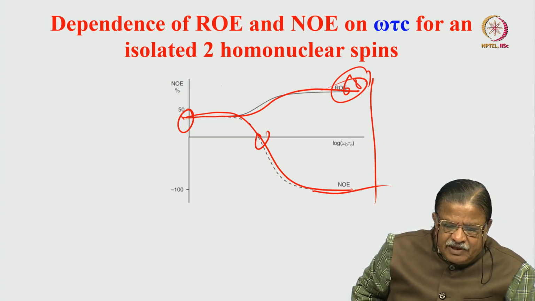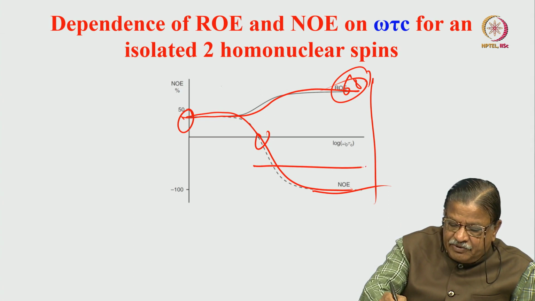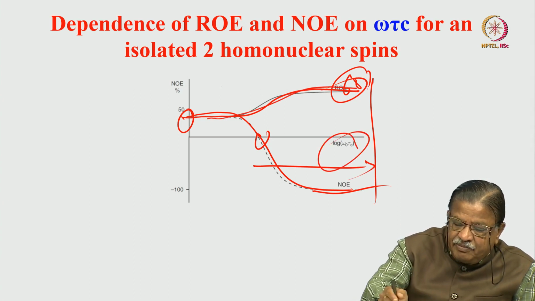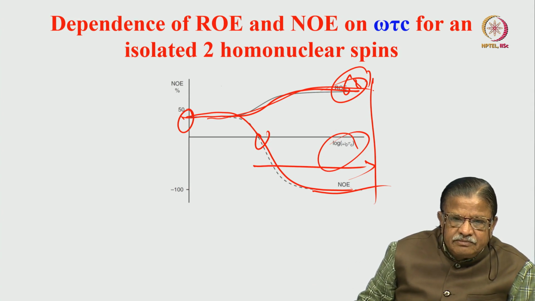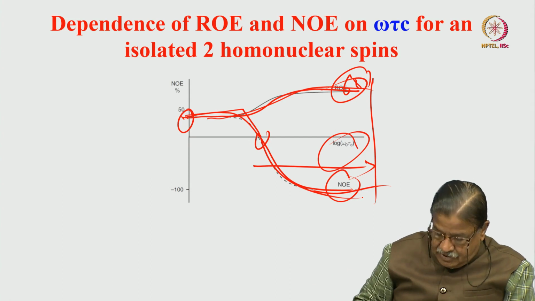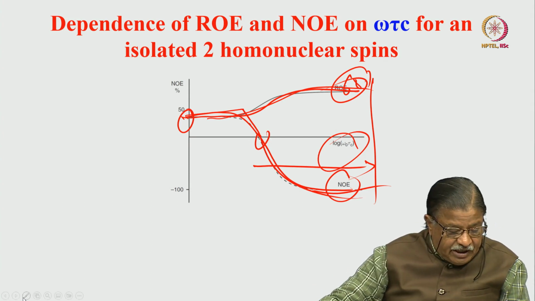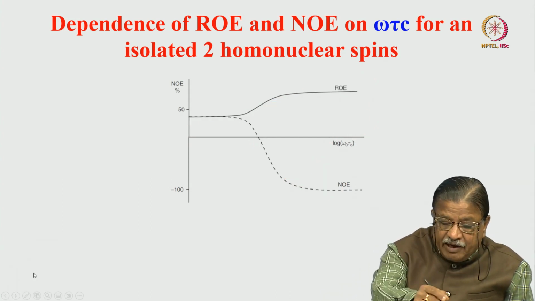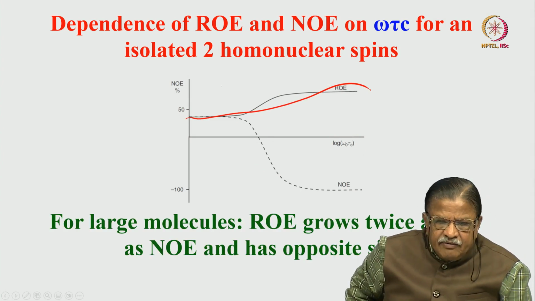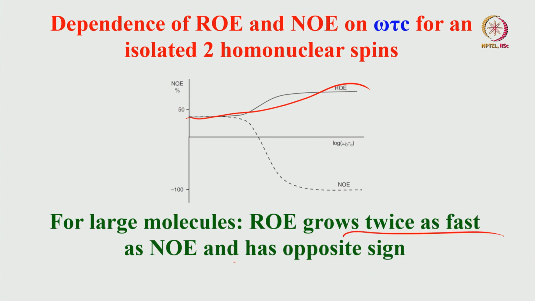As omega tau c keeps increasing on the logarithmic scale, ROE keeps building up, whereas NOE from positive becomes negative. ROE never becomes negative; starting positive, it stays positive. For large molecules, ROE grows twice as fast as NOE, and on the opposite side, you see the reverse.